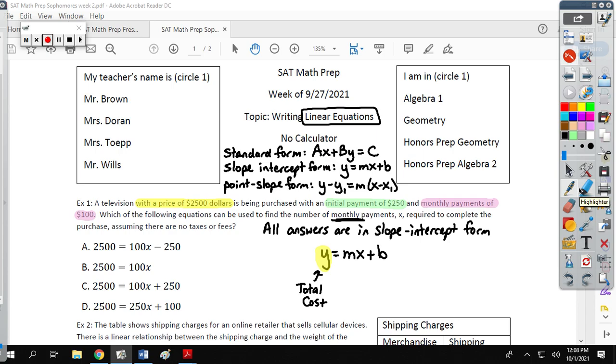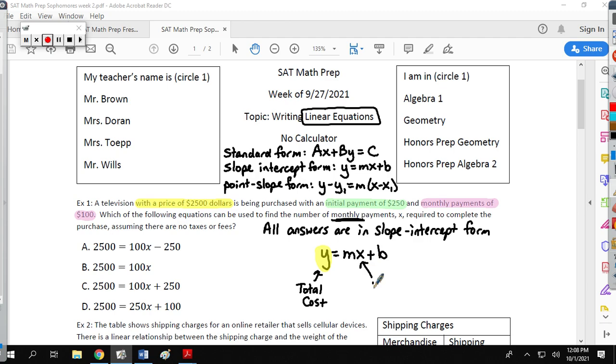Then we've got m, which is going to be, or x, which we've already said is the number of monthly payments. And we have there m attached to it. That would be the amount being paid per month.